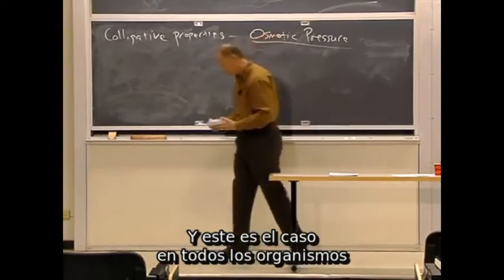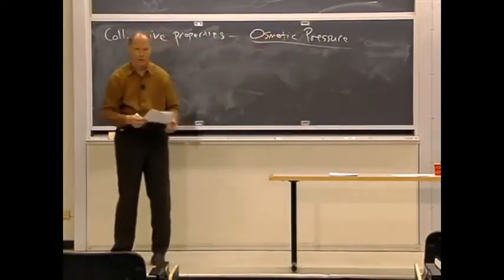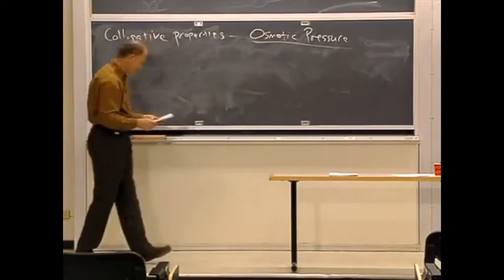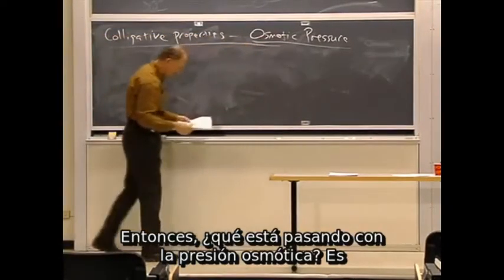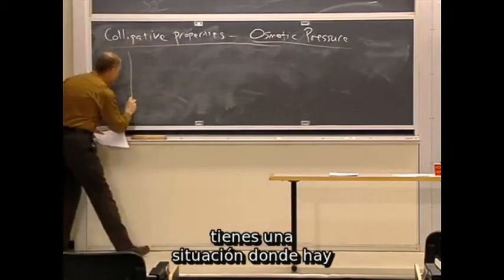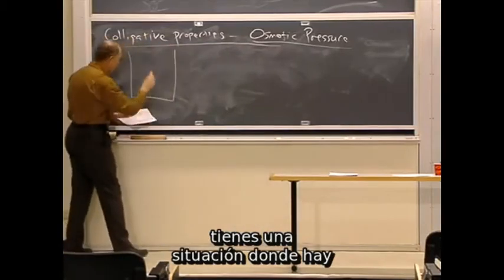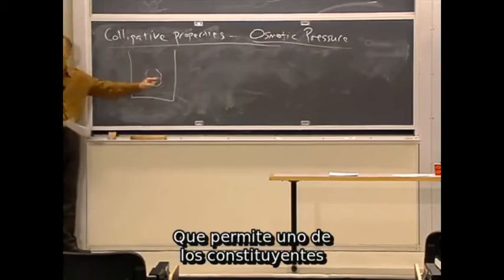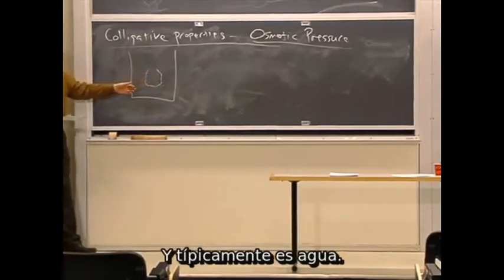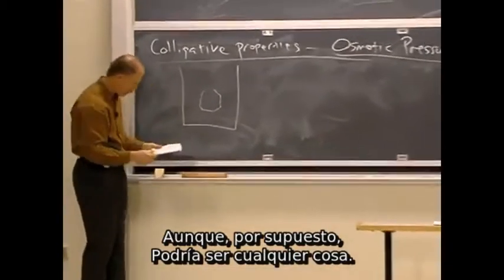This is the case in all organisms, and it's also exploited, of course, in all sorts of other contexts. So what's happening with osmotic pressure is you've got some situation where there's a semi-permeable membrane. It allows one of the constituents but not others to pass through. And typically that's water, although, of course, it could be anything.